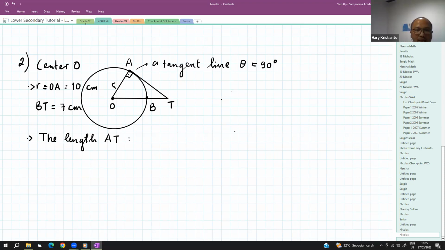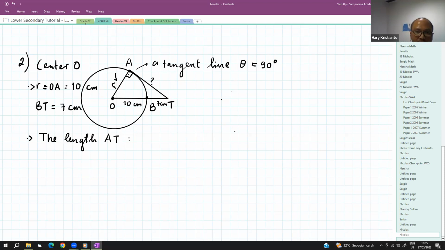Now, what is AT? AT is this line, correct? We have this angle, 90 degrees, and here 7 centimeters. OB is the same radius as OA, so it is 10 centimeters.